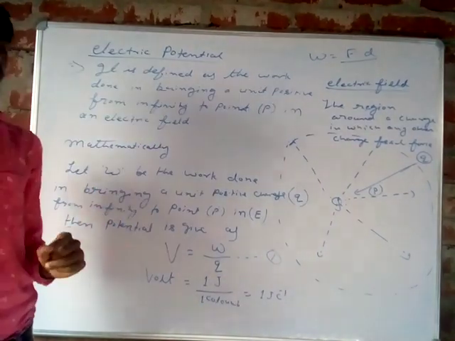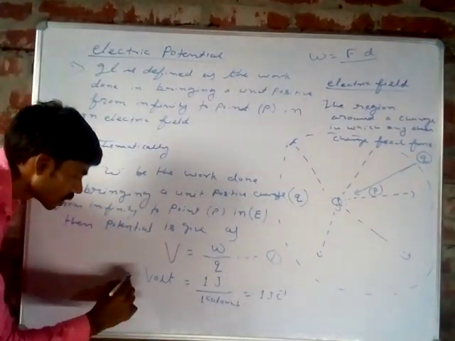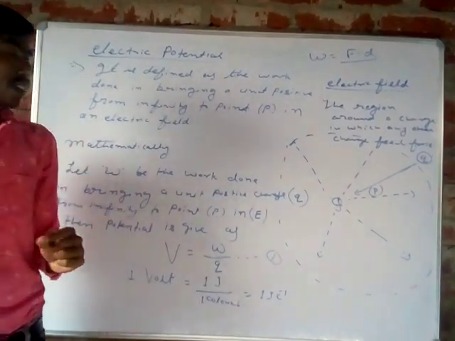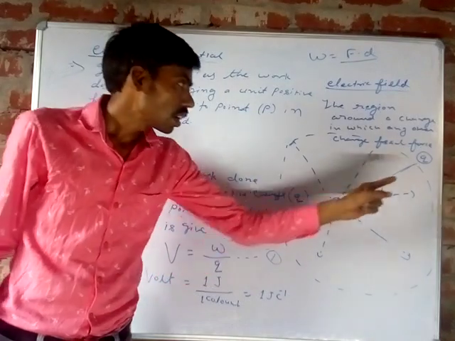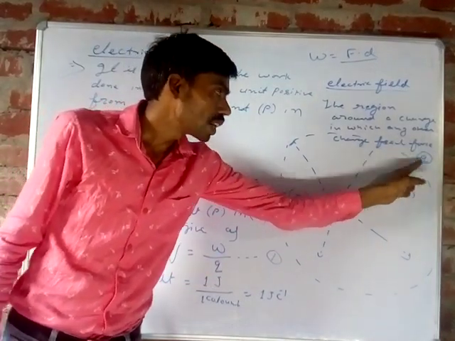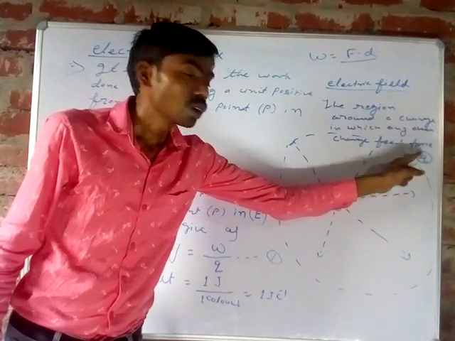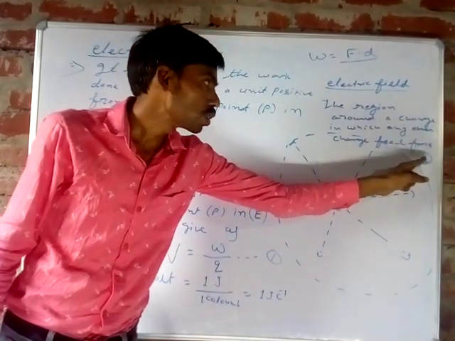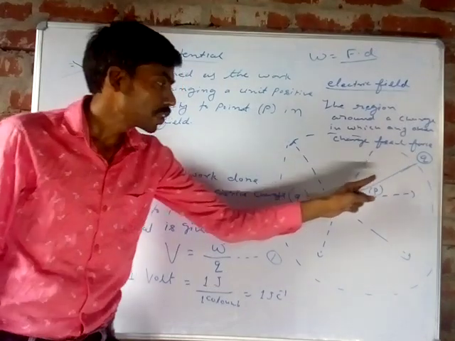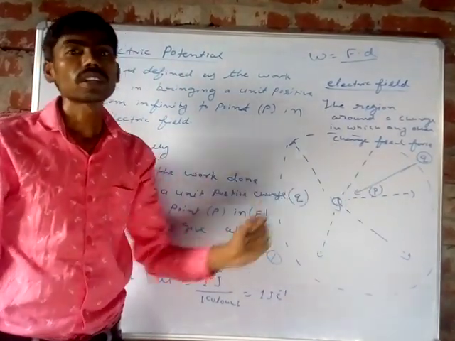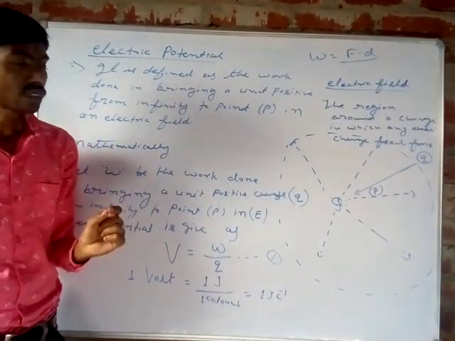So 1 volt is equal to 1 joule per coulomb. That means if 1 joule of work is done in bringing 1 coulomb of charge from infinity to this point, then this is called 1 volt.